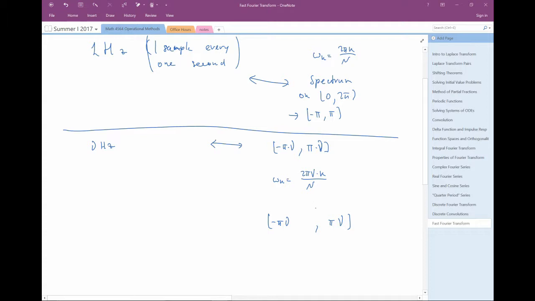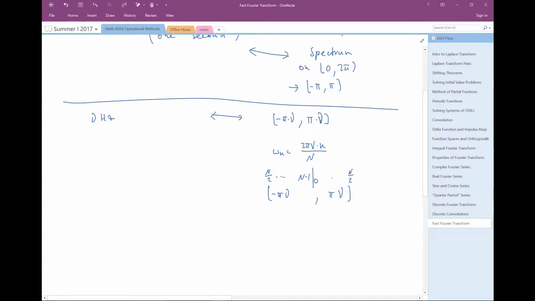So when k is 0, I am right here representing the 0 frequency. The right endpoint of this interval is going to be captured by the fast Fourier transform element with the index about n over 2, and then all of the other indices will be representing the negative frequencies.